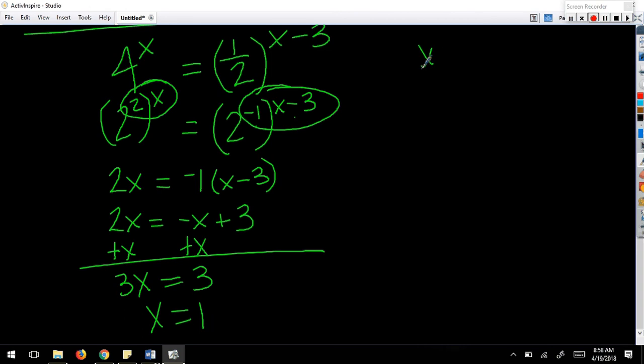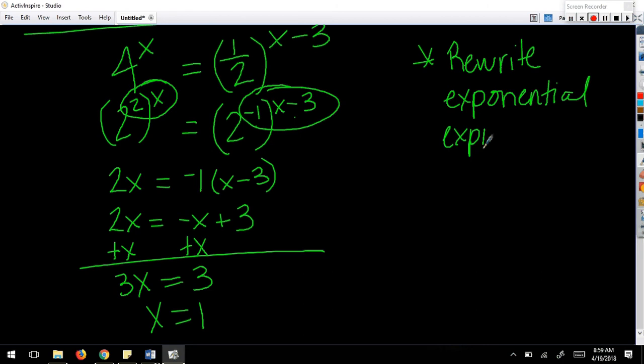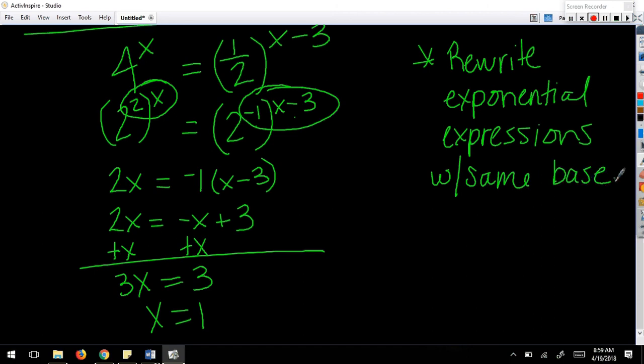So what we're going to try to do is rewrite the exponential expressions with the same base, so that we can set the exponents equal, and I'm going to put in parentheses, that must be the same value.